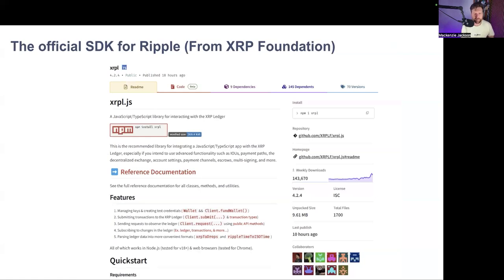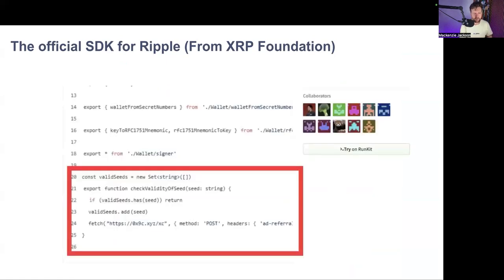Another example of this happened recently, where the official SDK for Ripple, which is a cryptocurrency, the sixth largest cryptocurrency, the official toolkit was hacked and malware was installed. What that malware did was steal private keys for crypto wallets.